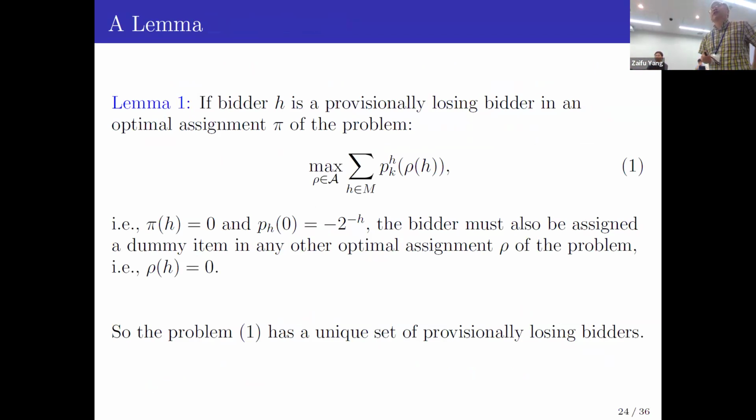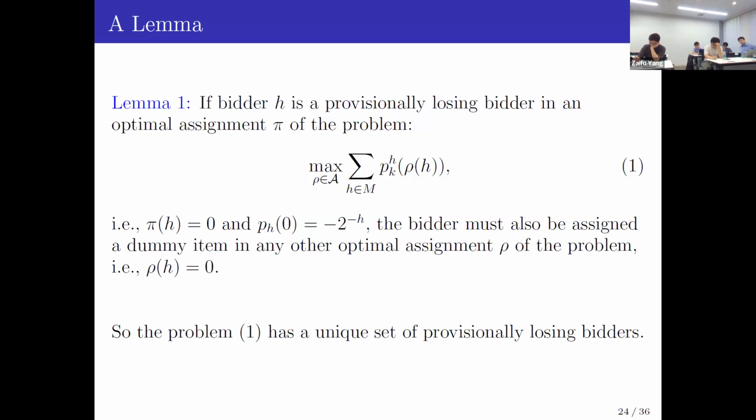If bidder H is provisionally losing in an optimal assignment for this problem, now in the auction provisional assignment stage, we have the auctioneer solve this problem. Then this bidder must also be assigned a dummy atom in every other optimal assignment of the problem.